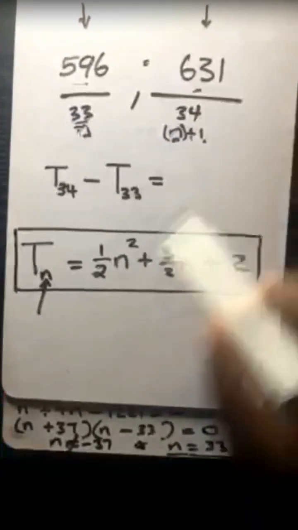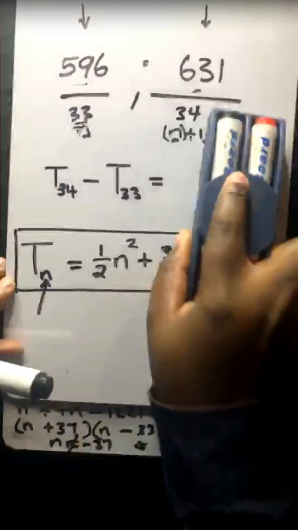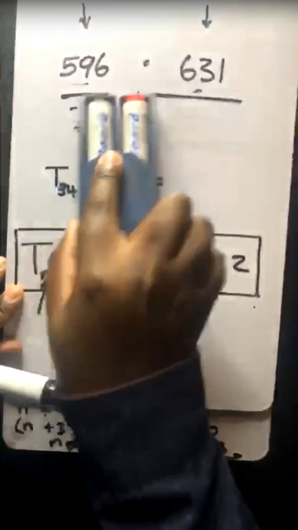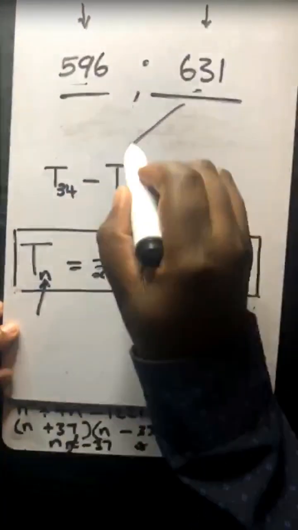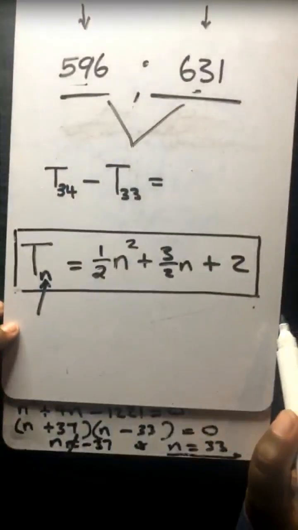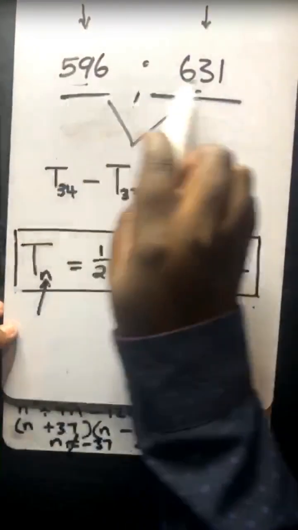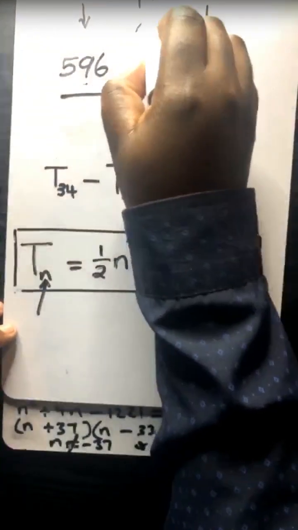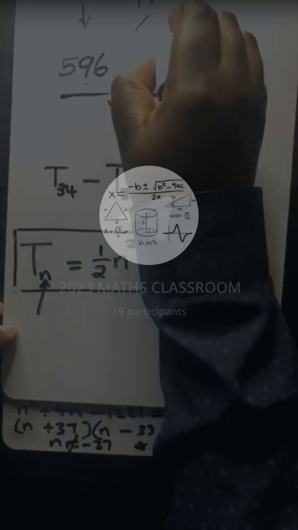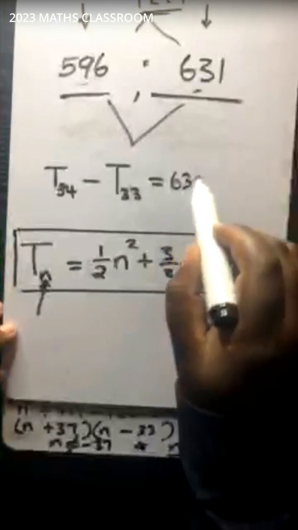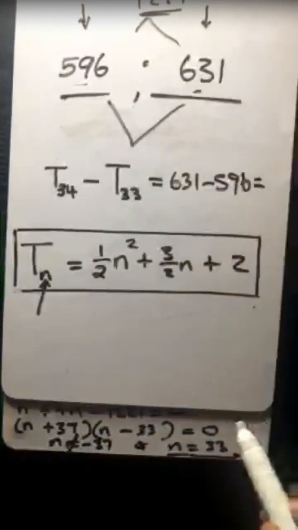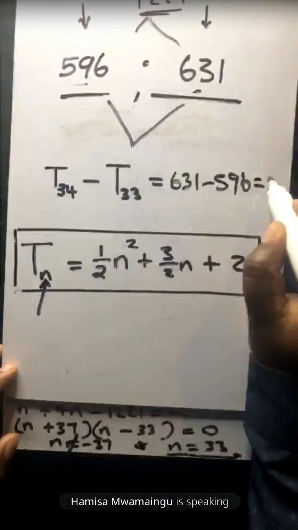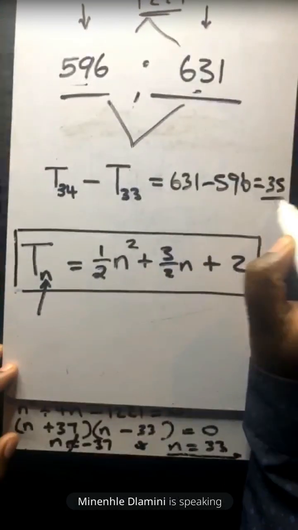What the question wants is the difference of the number of people staying in those two stands, of which when you add those two stands, they give you 1227. So what is that number? 631 minus 596. 35. 35.